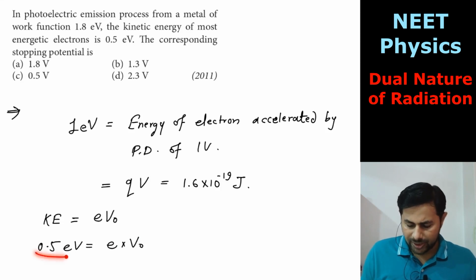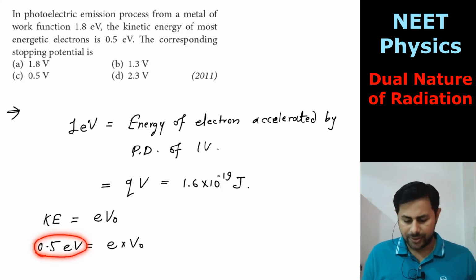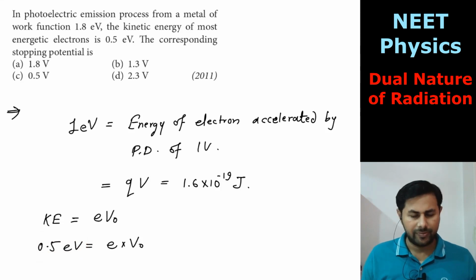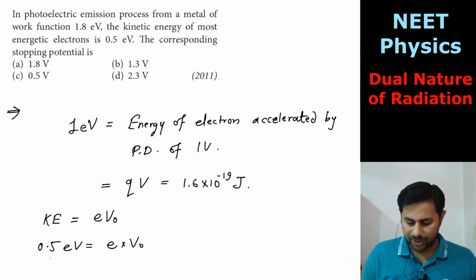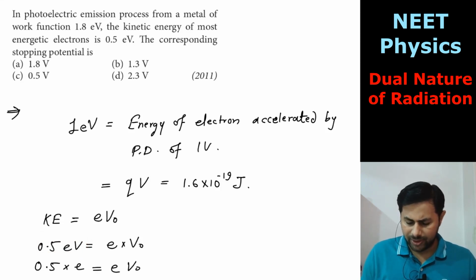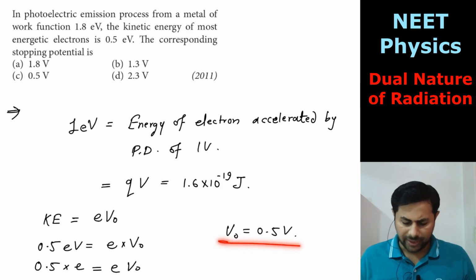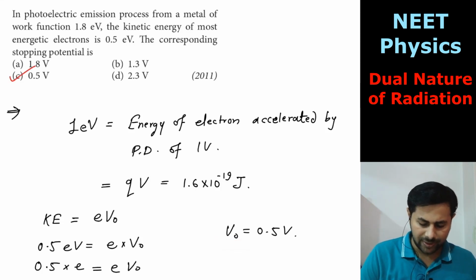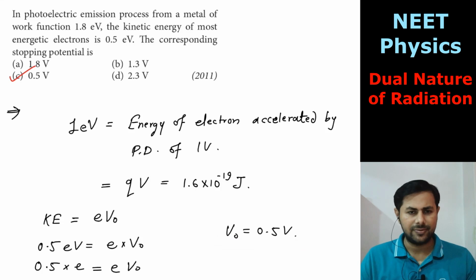So just convert electron volts to joules. How will you convert it? Just multiply it by charge on electron. So 0.5 multiplied by e is equal to e times V naught. So that e will get cancelled out, and you will get V naught is equal to 0.5 volts. Right? So that's very simple. It's option C. This is clear.